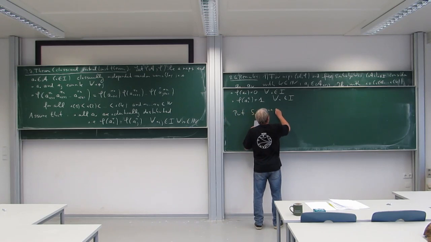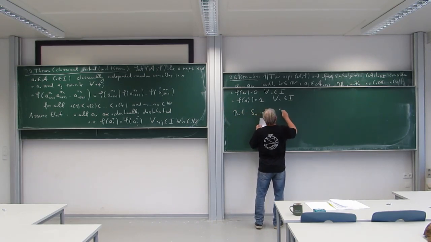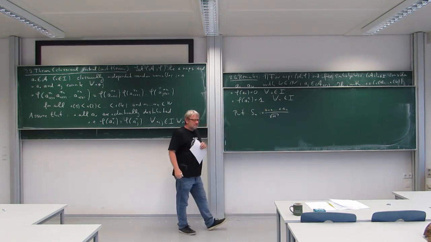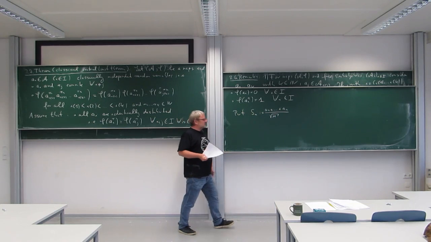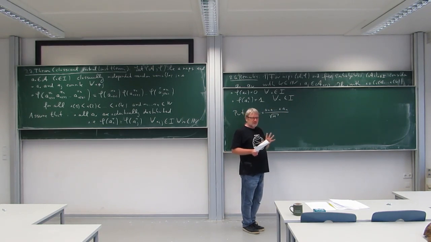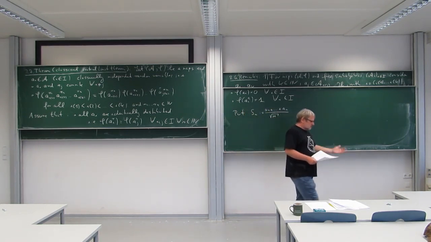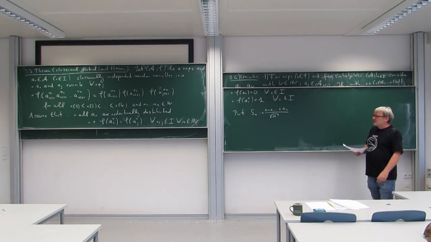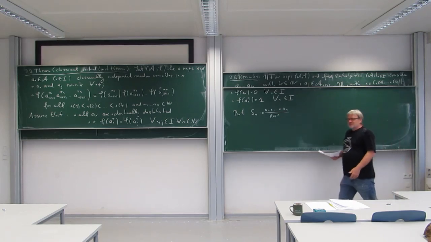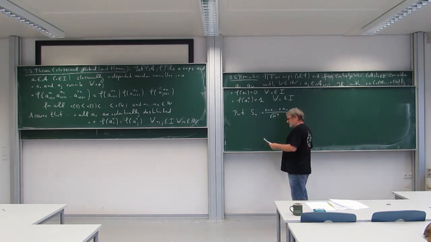So I take the sum a1 plus and so on up to an, and it turns out I have to normalize this by the square root of n. And the question is, does this converge to anything interesting, meaningful in the limit n going to infinity? The statement of the classical central limit theorem is that this really converges to the normal or Gauss distribution. That's why the normal distribution is so important, because it's the limit in the central limit theorem.